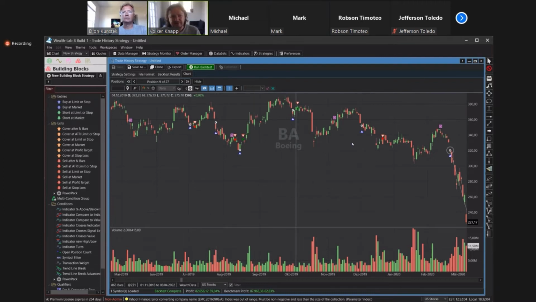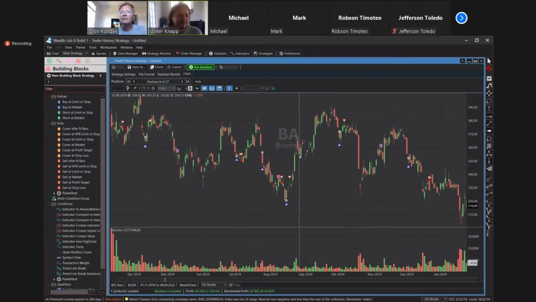But it seems to have a certain pattern here. And I'm not trying to reverse engineer someone else's strategy here, but to me it looks like it's buying when things take a very sharp drop. Just eyeballing it. Yeah.